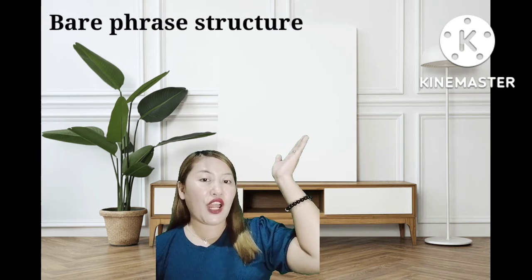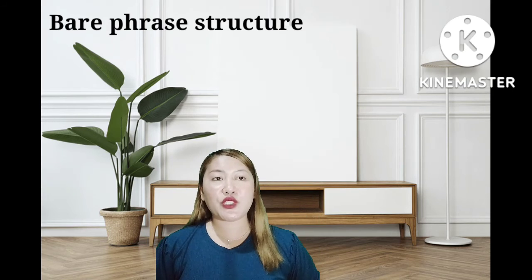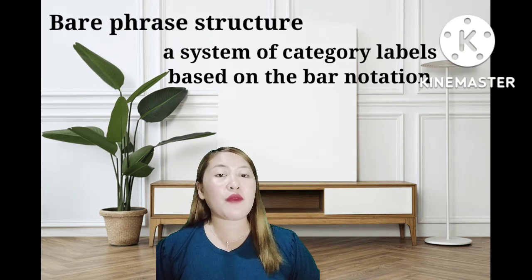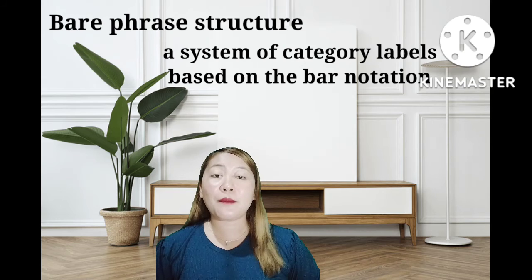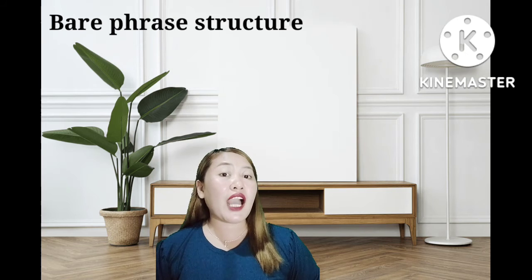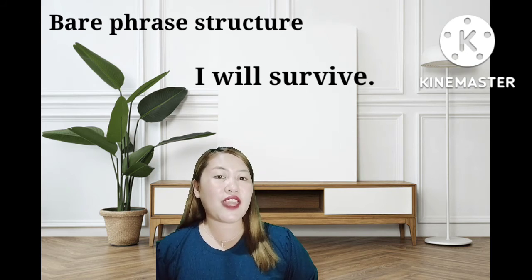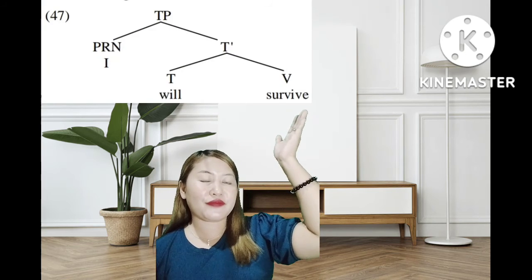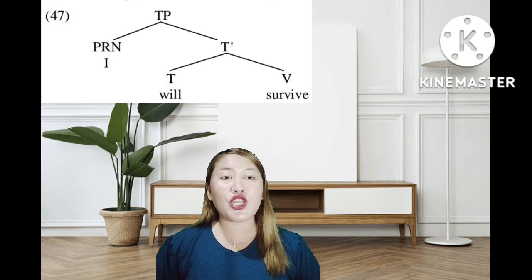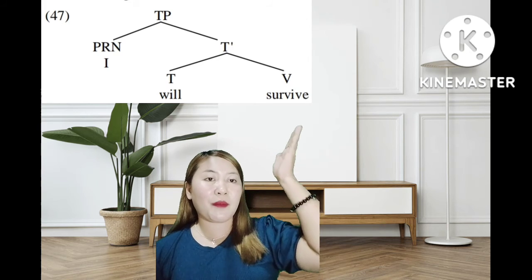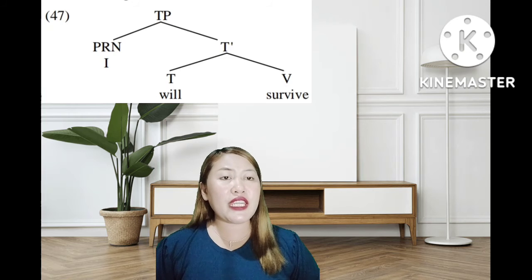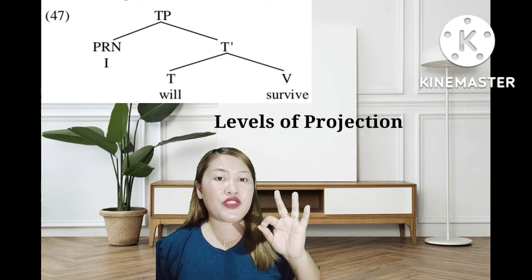Bare phrase structure. In this chapter, we have used a system of category labels based on bar notation, which has been widely adopted since the 1970s. Within this framework, a sentence like "I will survive" has the structure above. In the bar notation used in the structure above, there are three different levels of projection.